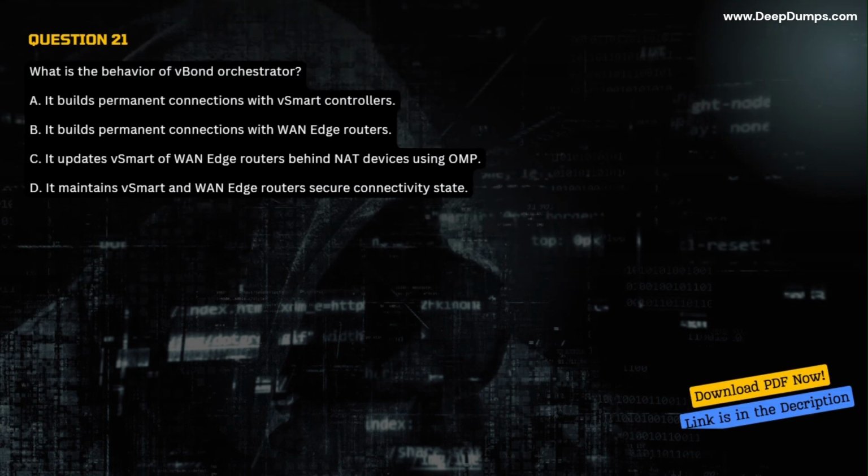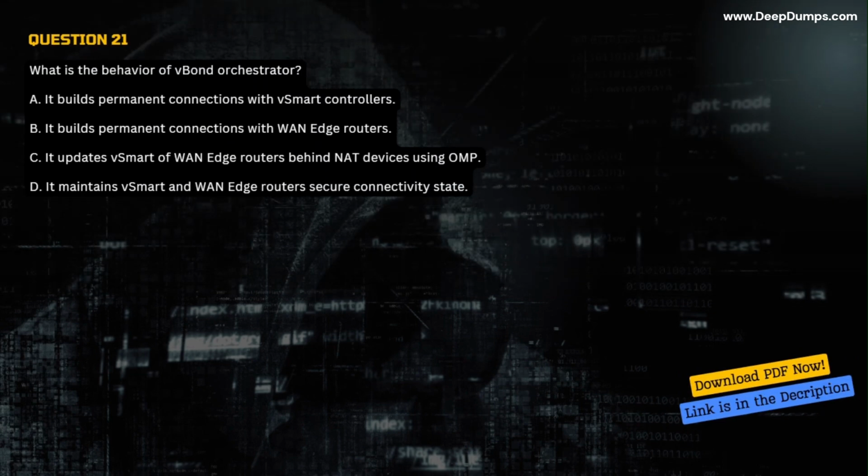Question 21. What is the behavior of vBond Orchestrator? A. It builds permanent connections with vSmart controllers. B. It builds permanent connections with WAN edge routers. C. It updates vSmart of WAN edge routers behind NAT devices using OMP.